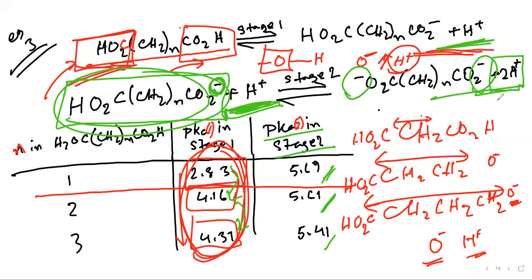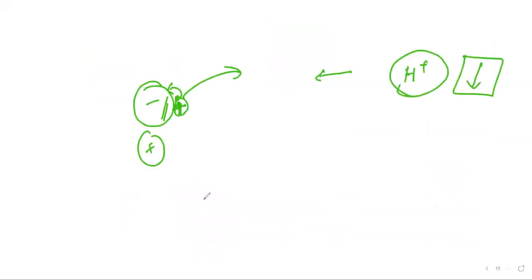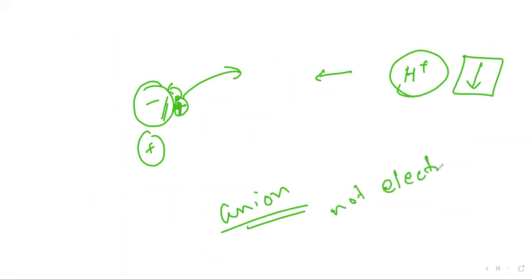So we say that removing an H plus ion from an anion is not electrostatically favorable.